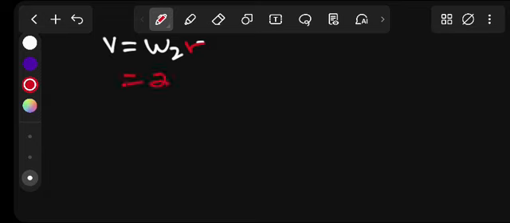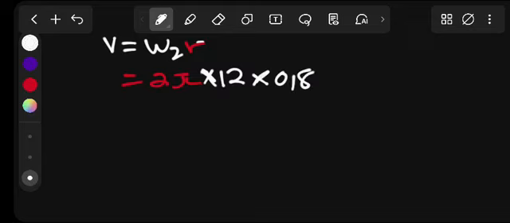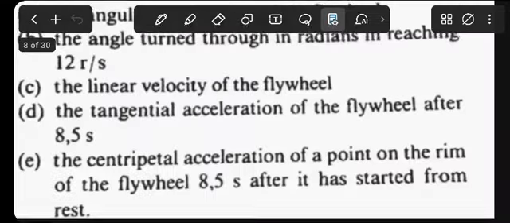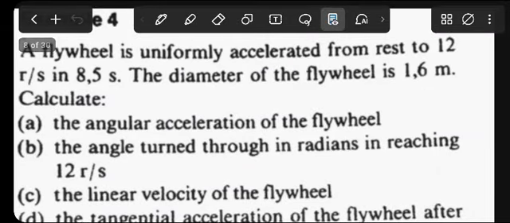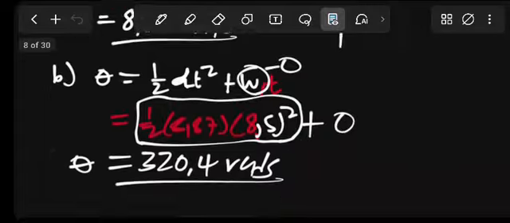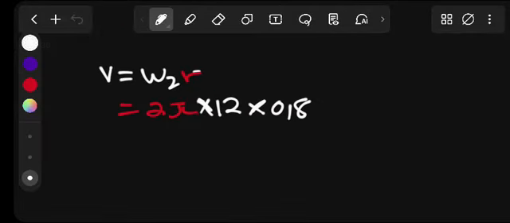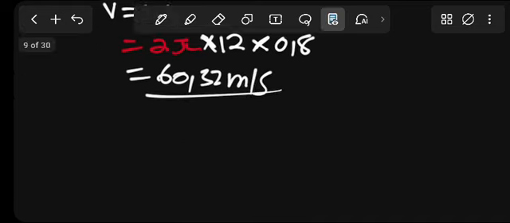This is the same as 2π, n is what, multiplied by 12, times 0.8 of the radius. Remember, we've been given the diameter to be 1.6, we divide by 2, then this will be 60.32 meters per second.